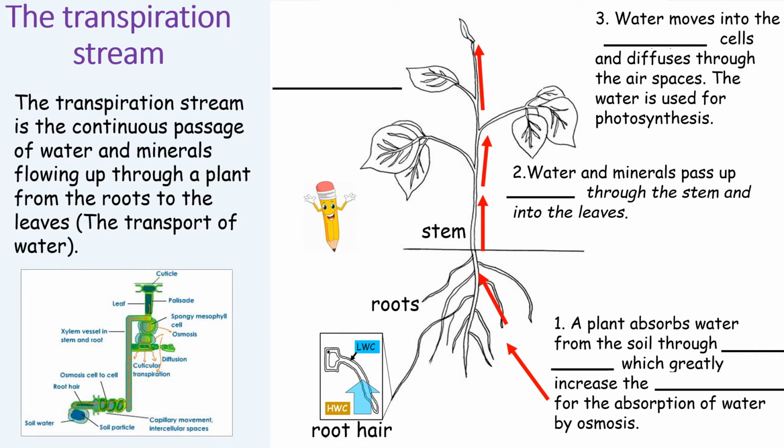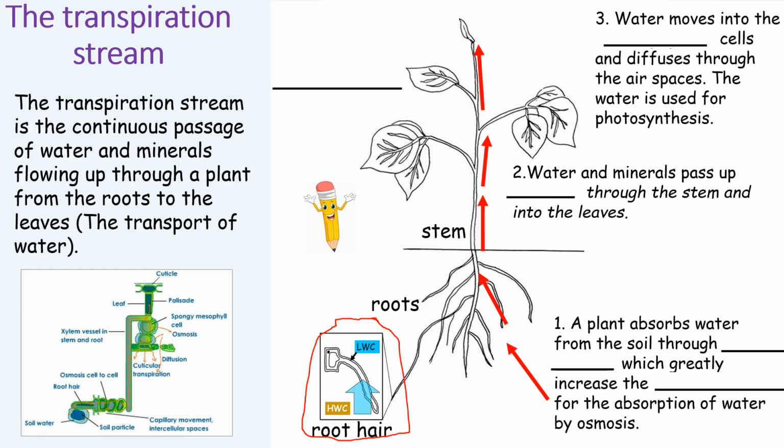So let's look at the 4 stages involved in the transpiration stream. The first stage involves your root hairs. Your root hairs have a large surface area, which you can see in the corner. So you're going to have a high concentration of water on the outside and a low concentration of water inside the root hair cell.